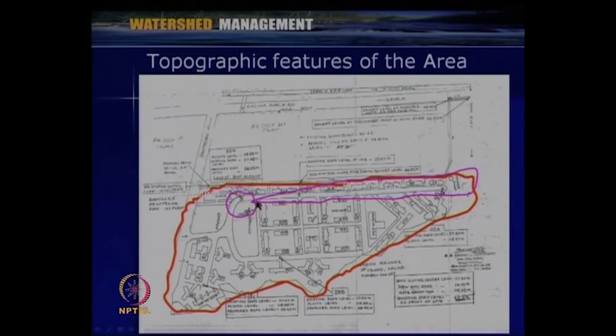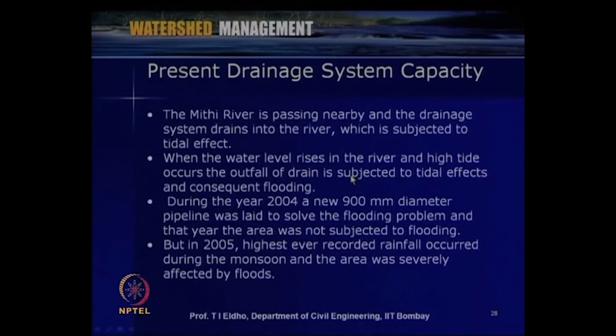The existing drainage system joins here, and there was a 900 mm pipe taking all the storm water from the area. But due to heavy rainfall, for example on July 26, 2005, this entire area was flooded for a few days, and then the housing colony came to us to see the remedial measures.